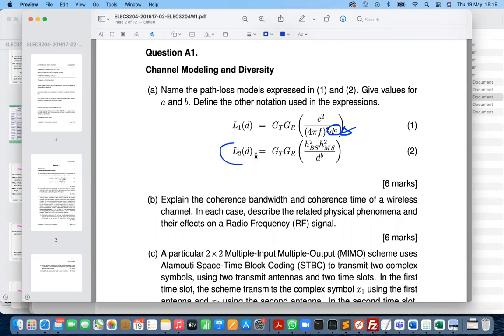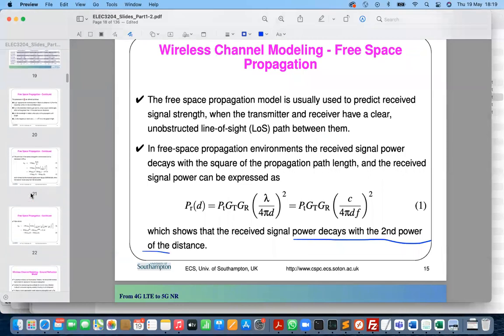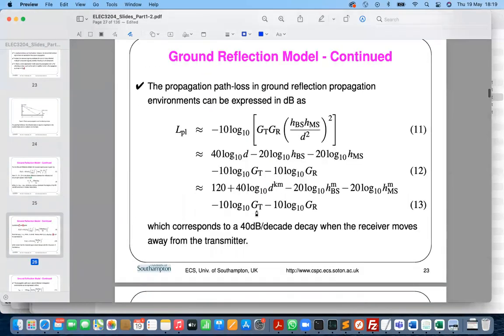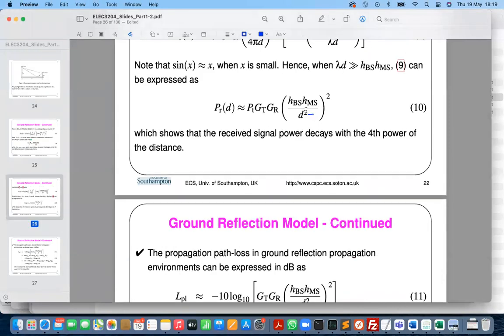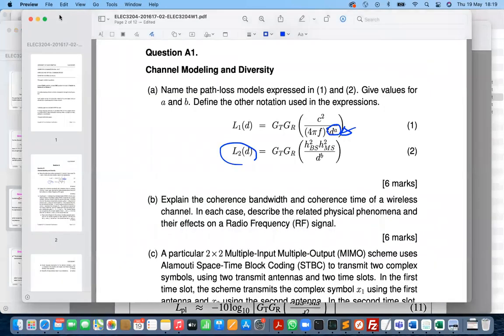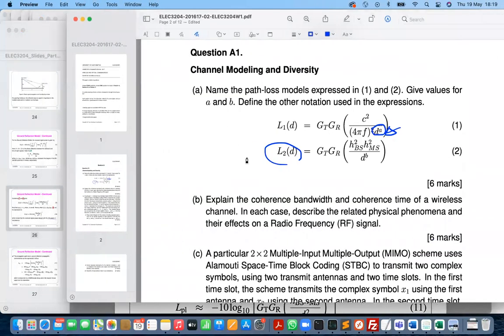And then the second path loss model is the ground reflection model here, which describes how power decays with the fourth power of the distance. So B equals 4.